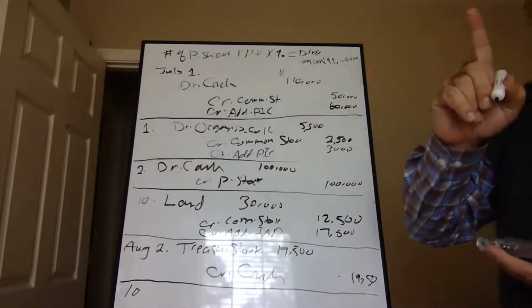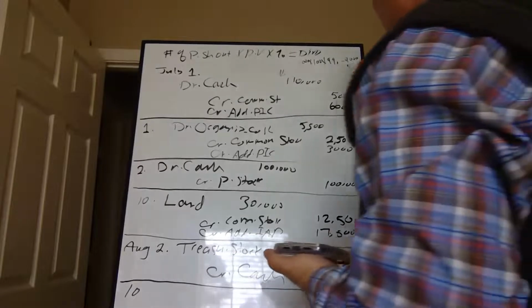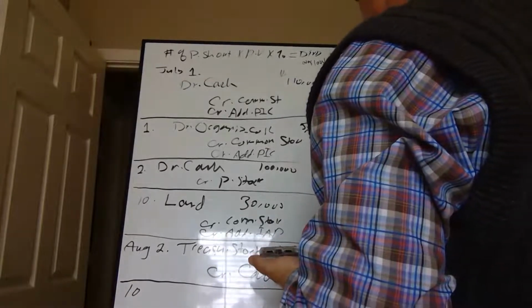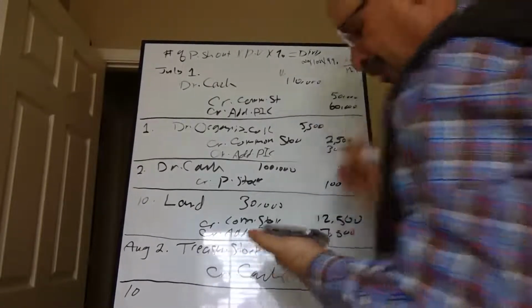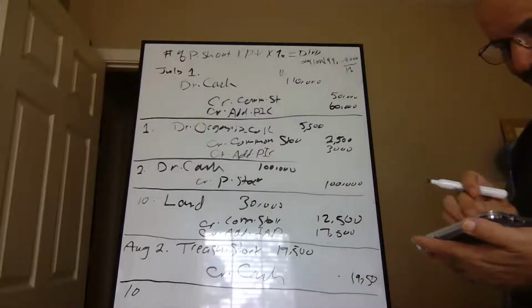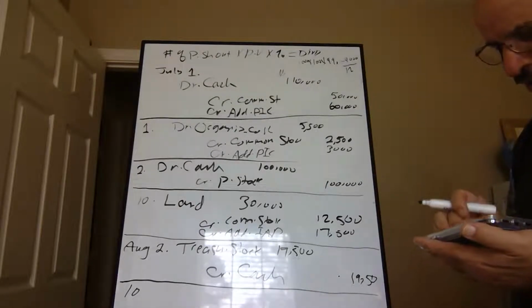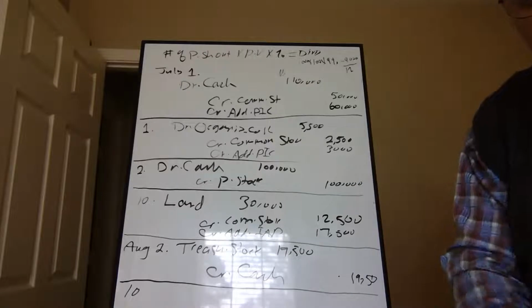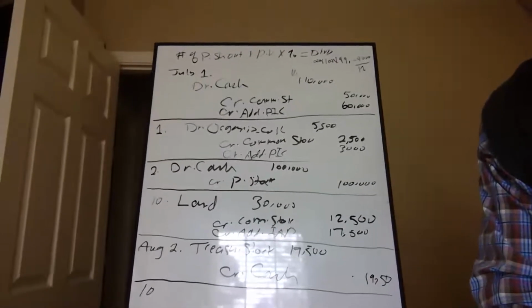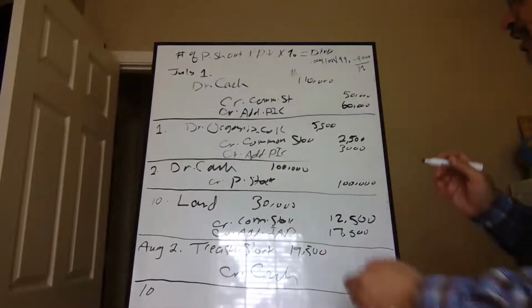But we want it for 1 month. So we're going to divide 9,000 by 12. And that's going to give us $750.